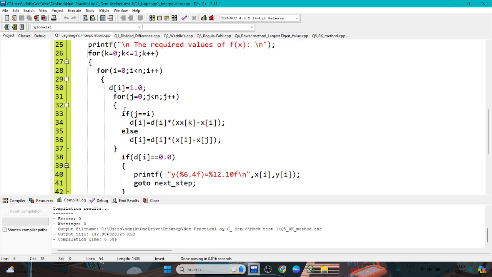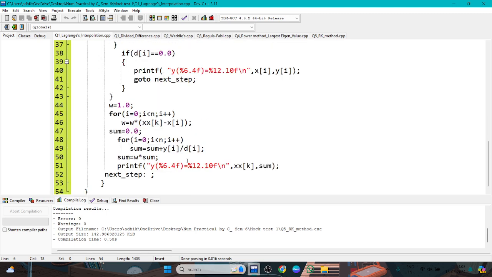If j not equal to i, di equal to di star (xxk minus xj), and else di equal to di star (xi minus xj). And if di equals 0, printf y equal to y at the point x equal to yi.